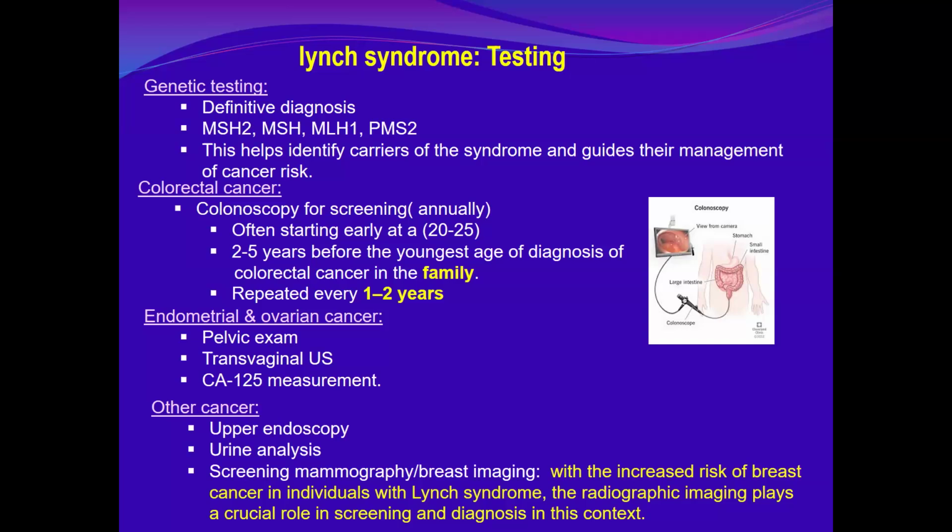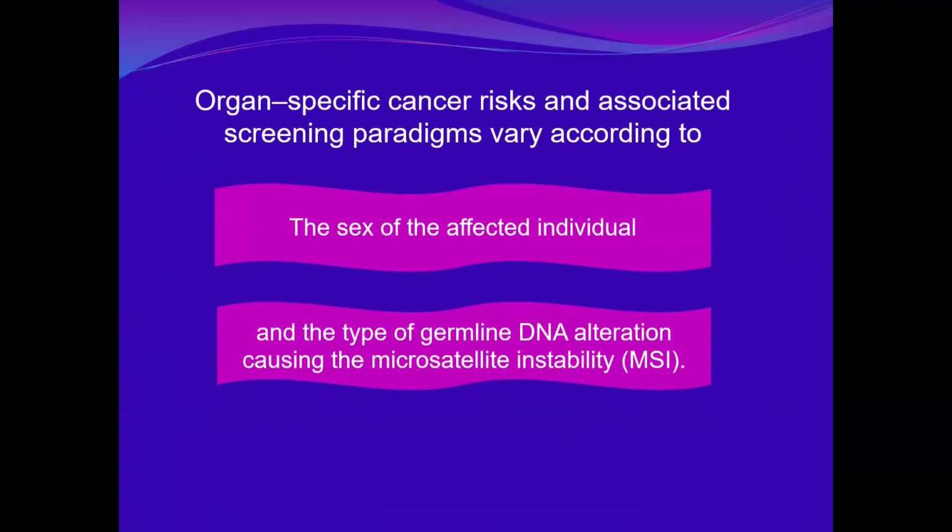For other cancers: upper endoscopy for gastric and small bowel jejunal cancer, urine analysis for urothelial cancer, and screening mammography given the increased risk of breast cancer in individuals with Lynch syndrome. Radiographic imaging plays a crucial role in diagnosis in this context.